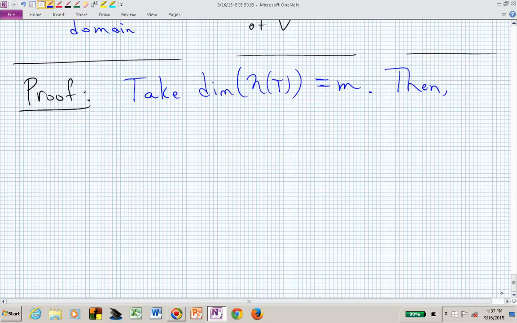Now we're going to start using some of these ideas that we've been learning all along. If we know the dimension of that null space, how many vectors is it going to take to form a basis?